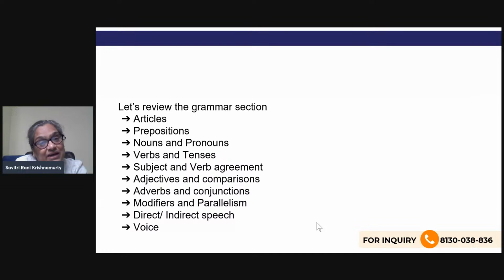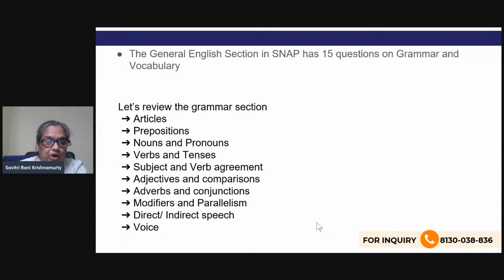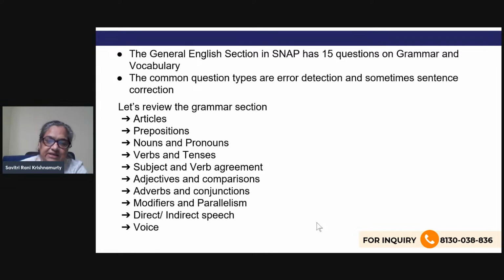They ask you to identify a word and what part of speech it is, so we will do that also. I've tried to put together as many concepts as possible. Let's start without much ado, and as we solve the questions, I will teach you some more related concepts if possible.